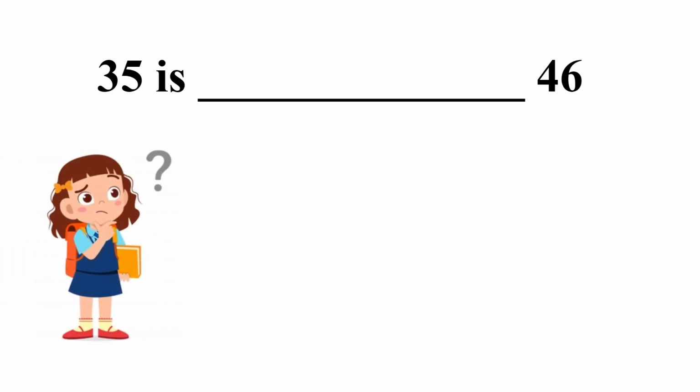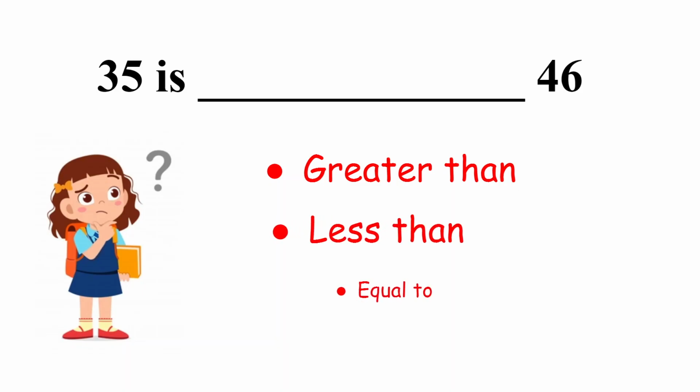Now I have a question for you. See the question. 35 is dash 46. So there are two numbers, 35 and 46. So I have options greater than, less than, or equal to. Now, can you tell me what will be the correct answer?